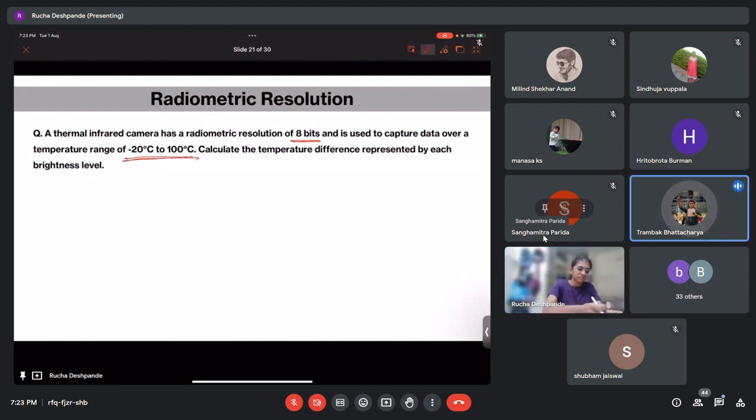Ma'am, shall we first convert this centigrade into Kelvin? See, because it's the temperature difference, you need not convert it. Okay.